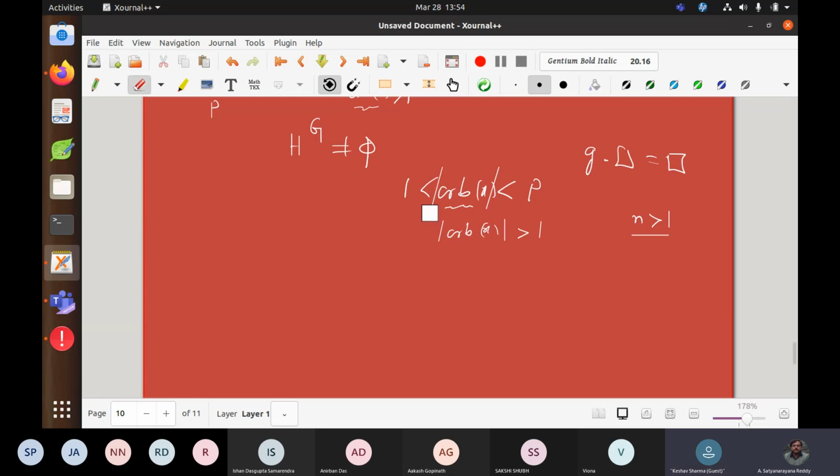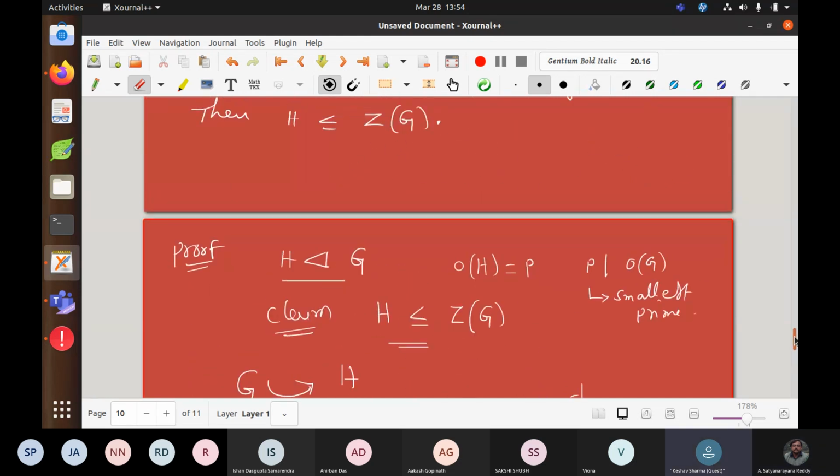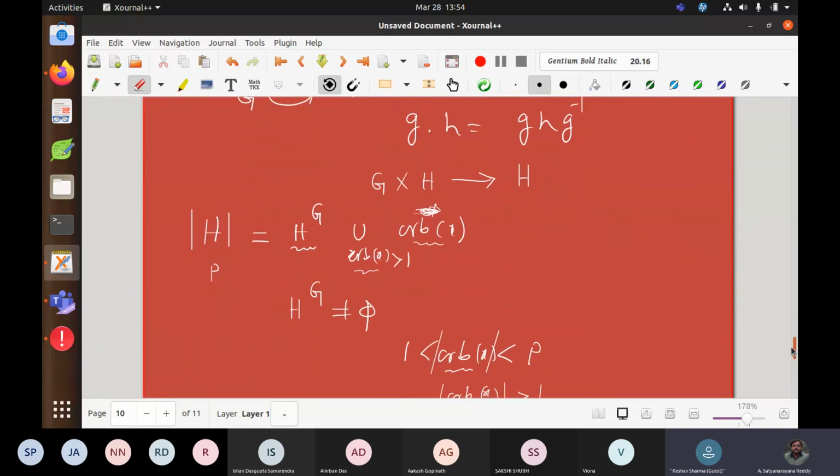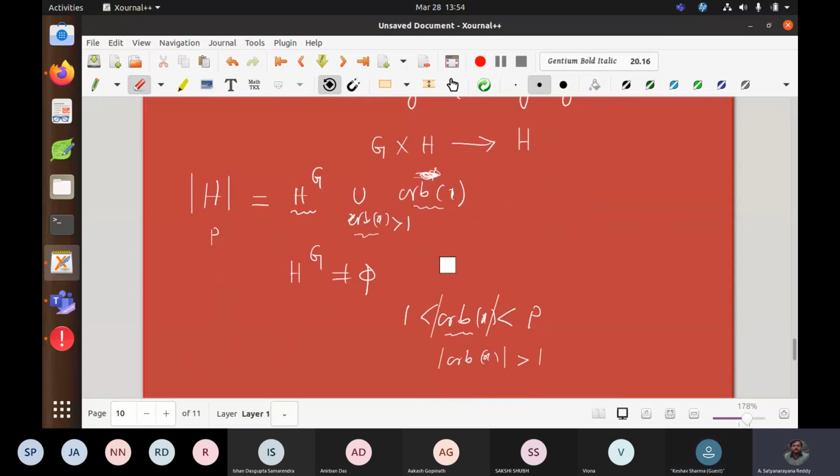The order of the orbit divides the order of the group. The group is G, do not confuse: X is H here, and the group is G only. The order of the group equals the cardinality of the orbit of X times the stabilizer of X. So the orbit of X divides the order of the group.